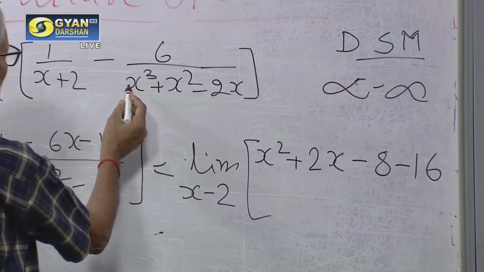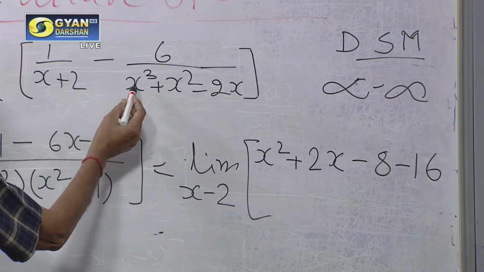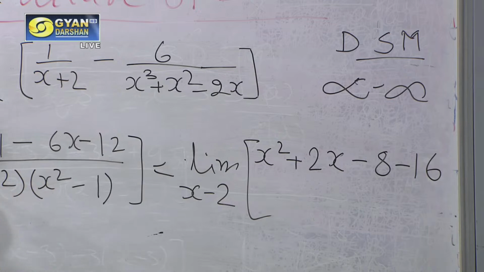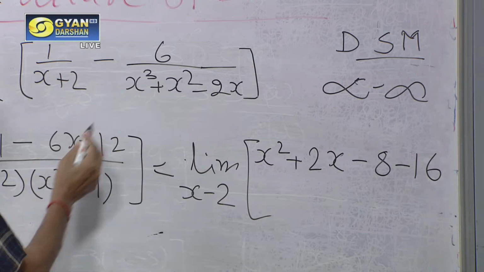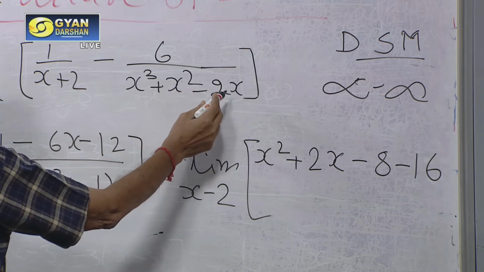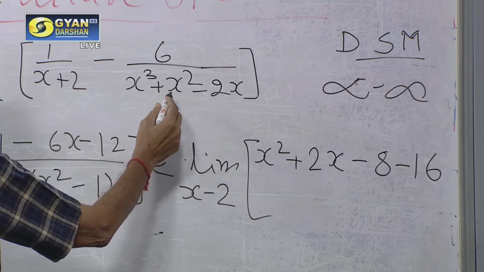You see, I have taken common x square. So this will be x plus 2 and then minus x square minus 2x.